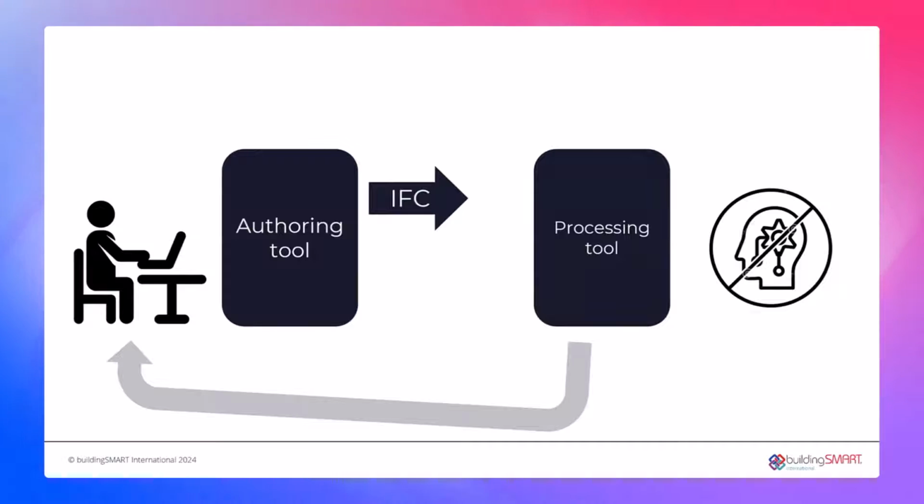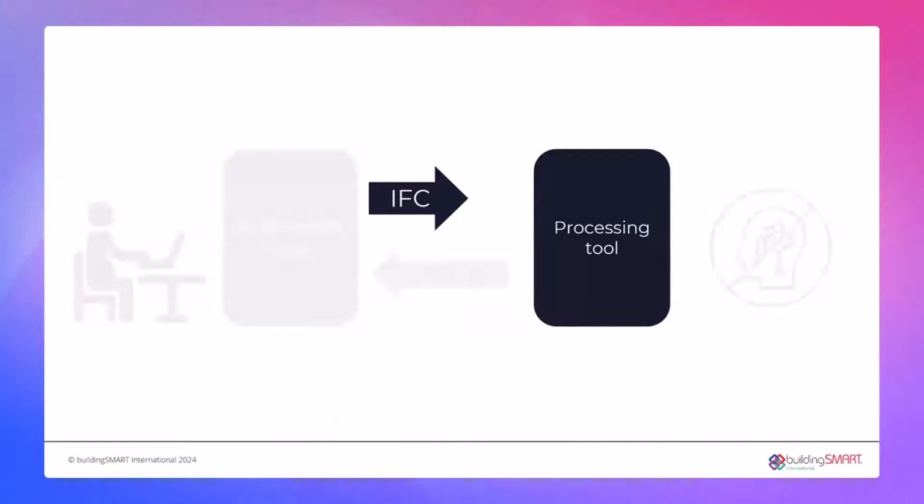I do not have to go into that tool again to tweak it and fine-tune it. I don't have to hire a consultant to do that. I should be able to get that feedback within minutes. That's currently not possible, and it's mainly because this link of IFC into the automated processing is just really, really hard. So that's the focus for IFC 5.